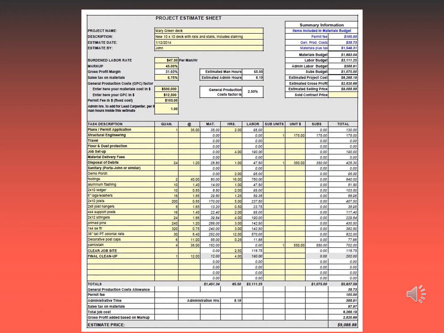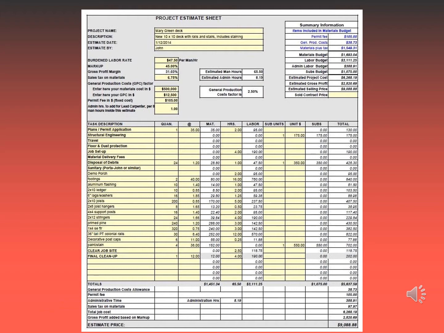The paint, permits, travel, etc., quantity, unit price of materials, hours, labor for each of those things, and a total price of $9,088.88.